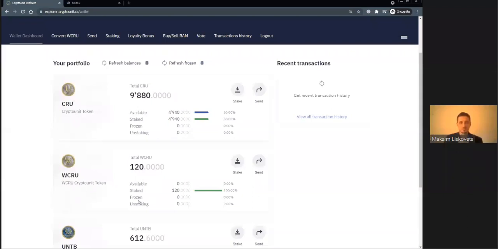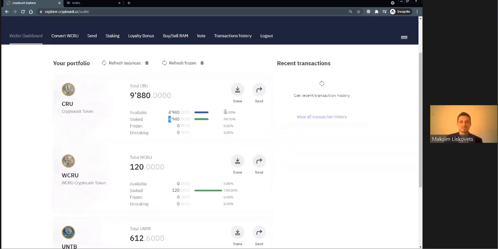As you said, for CRU and World CRU, there is this field frozen, and it is obvious from the name that it indicates the number of frozen tokens you have in your wallet. You also see available, meaning that they are available to you, you may use them, and those staked.